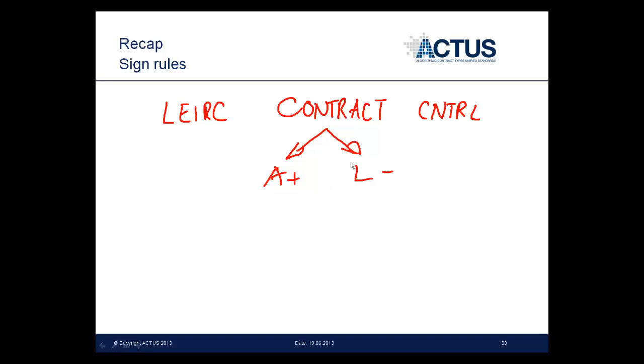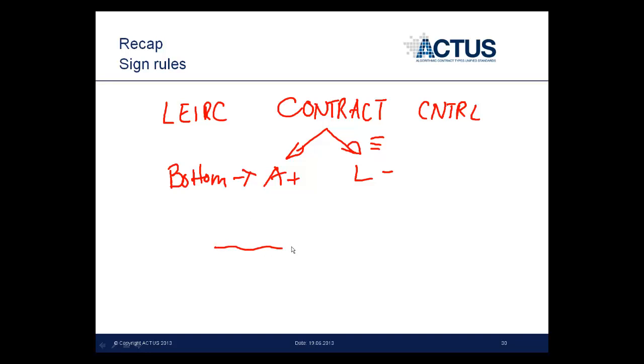If it would be a combined contract type, it would have several levels here, but at the bottom, we would find either assets or liability. That's the bottom. This decides already the sign, and from this, the underlying cash flows are driven.